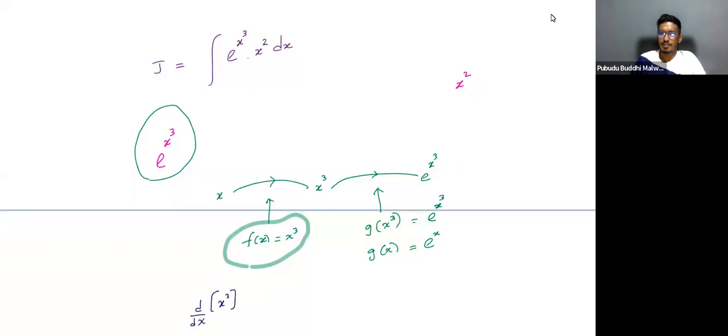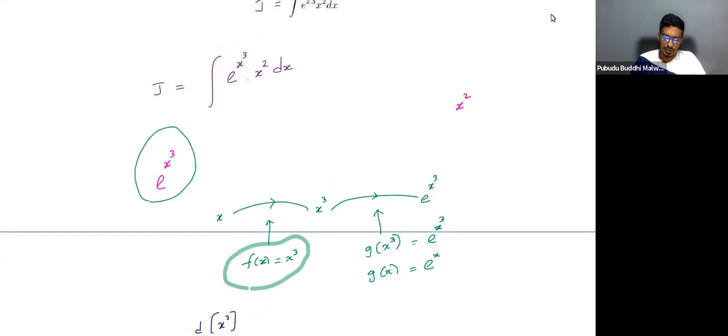What's the reason behind that? Because that's what we do in the chain rule. We differentiate the outer function, then the inner function. That's why I'm differentiating the inner function to find the original function.